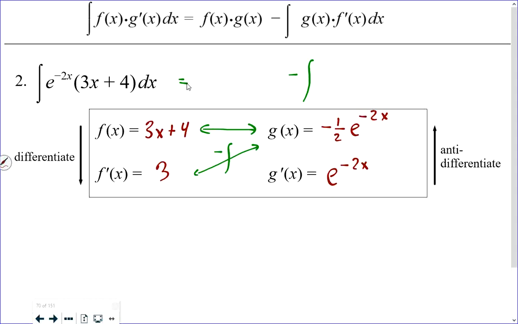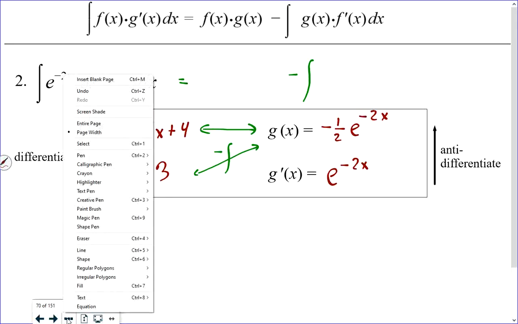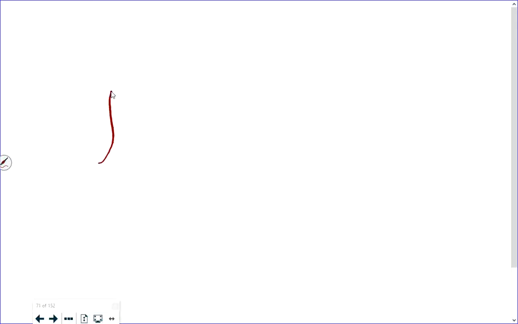Okay? If you can't see that, then this is what you have to do. You go to a different sheet of paper, and you integrate e to the negative 2x dx.